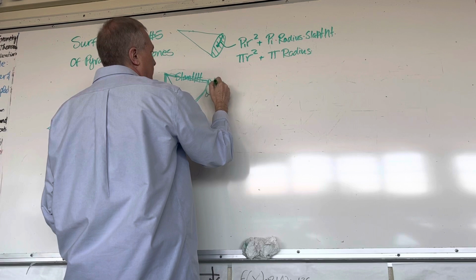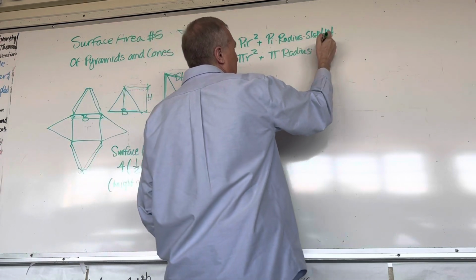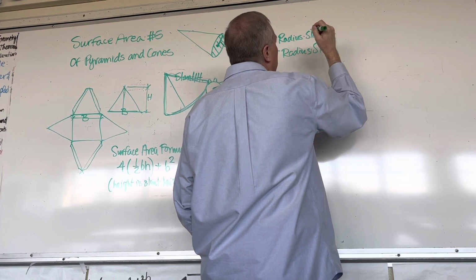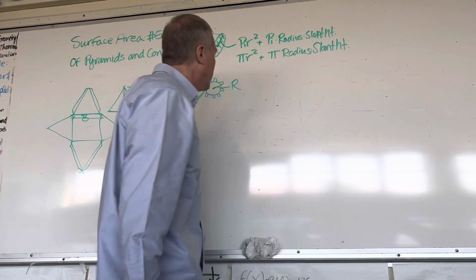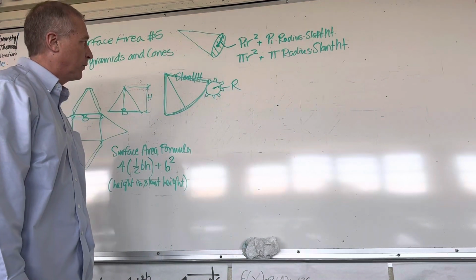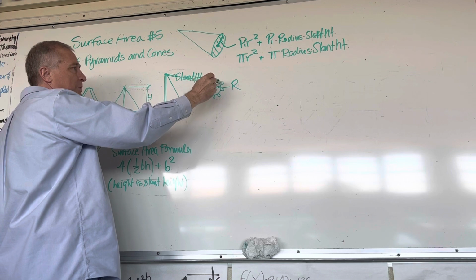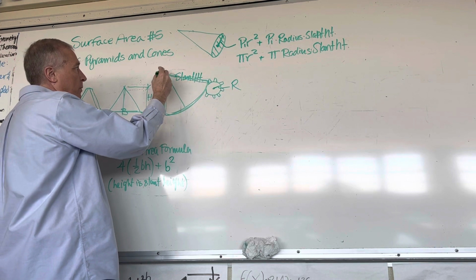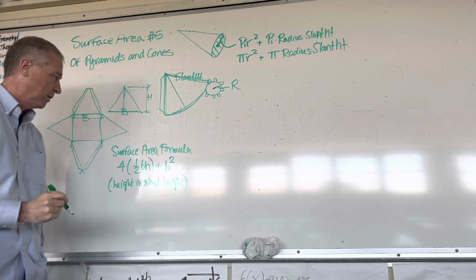So the radius of this circle here is the r. So pi radius times slant height. I'm sorry, I got a brain tick right there for a moment. All right, and that'll give you the surface area of the whole thing. When you do the 3D shape, if you give yourself some tabs on this circle, that'll help you bring it together. And if you do a tab here, that'll help you bring it together. Okay, done.